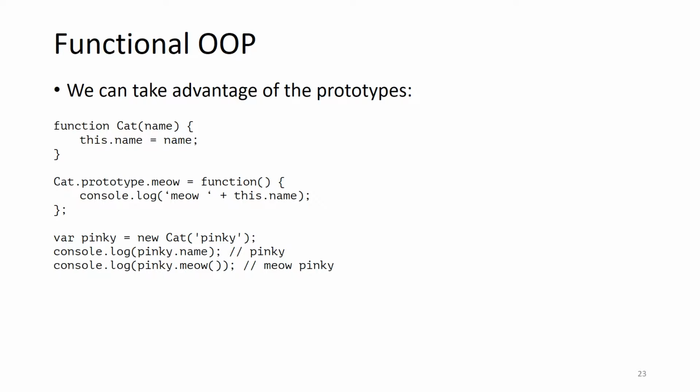The new empty object is created, but it will not be empty. It will have a linked prototype to the cat prototype. And then the constructor is executed, and we add also a name here.